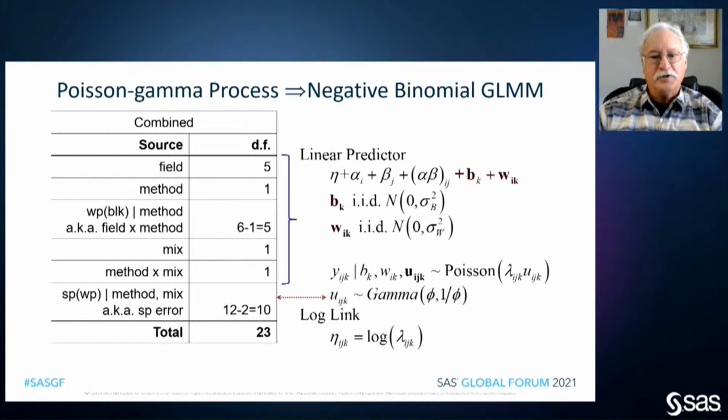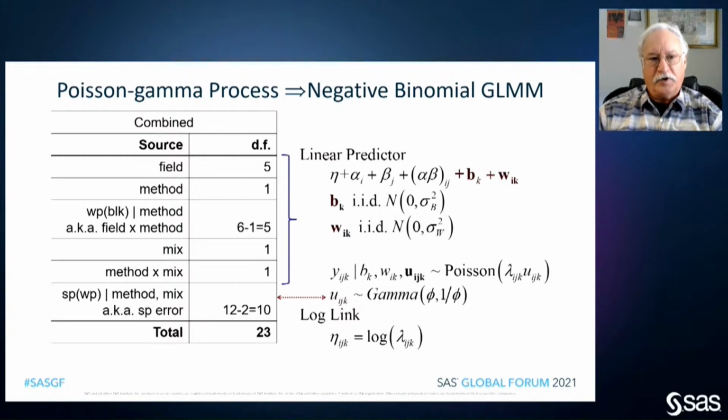So the distribution of the observations conditional on the block, whole plot, and what I've called the unit level, or the split plot, that's the unit of observation, is a Poisson distribution, and its rate parameter is lambda sub ijk multiplied by u sub ijk.